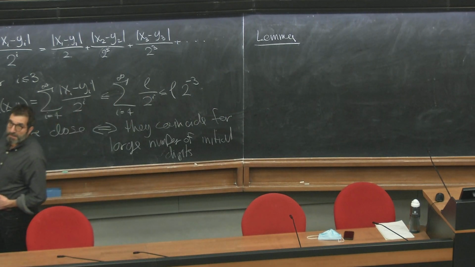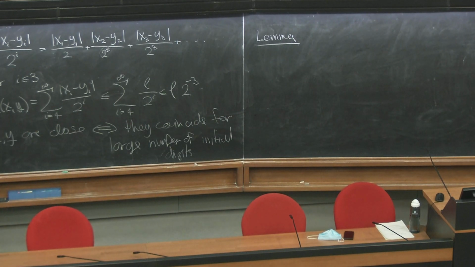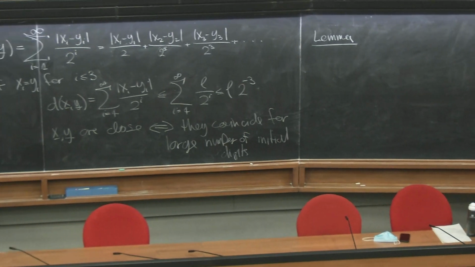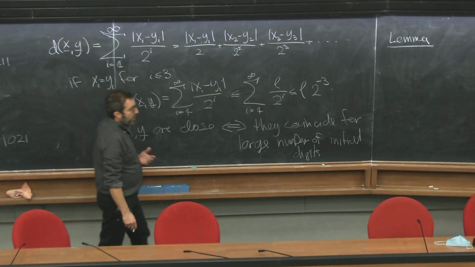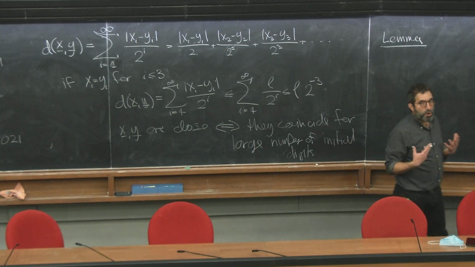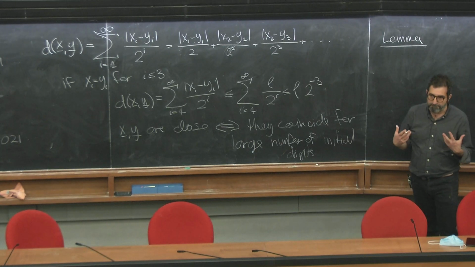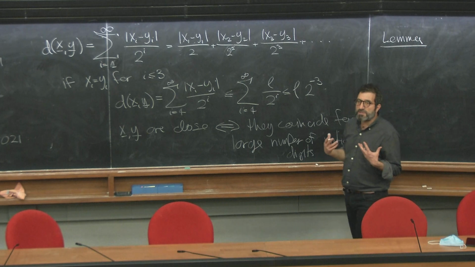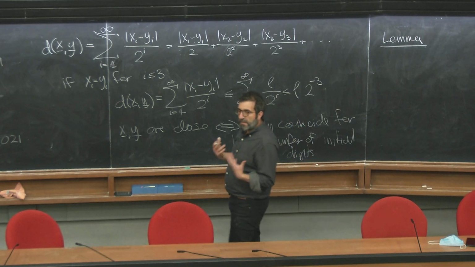Remember what connected means? There's no separation. That's what connected means. So connected means that you cannot write your set as a union of two open sets. Right? If you can write your set as a union of two open sets, it's not connected.